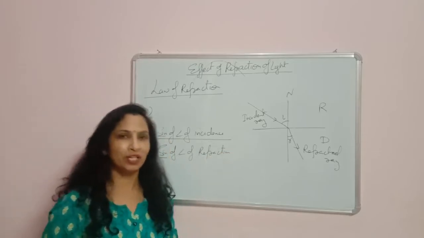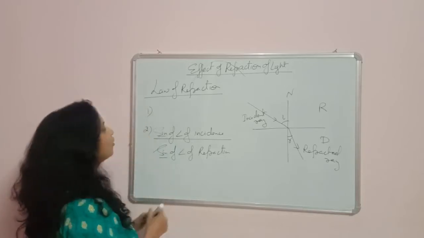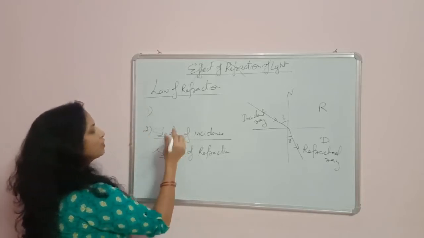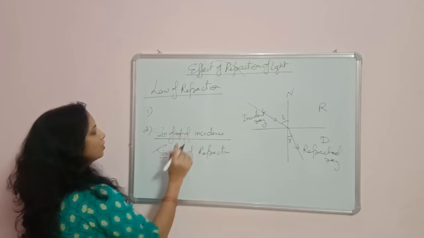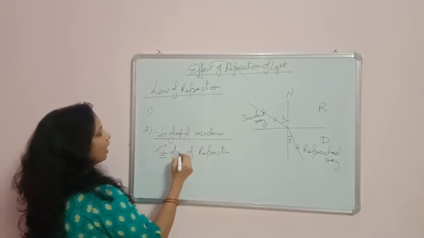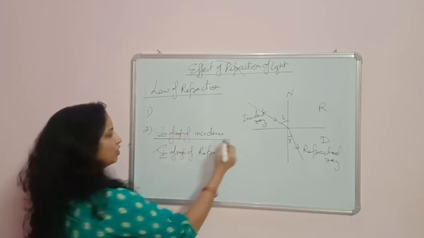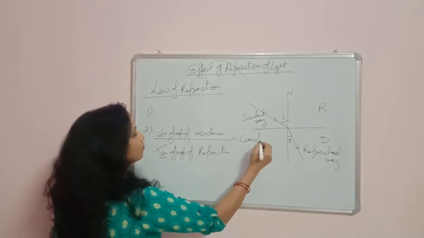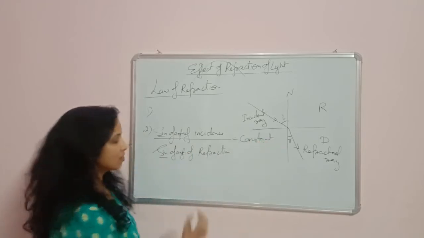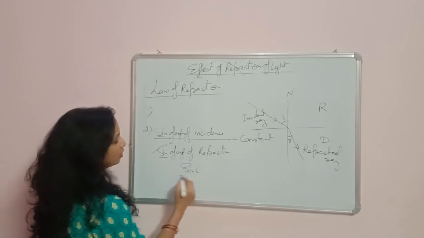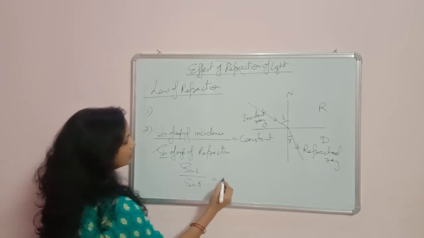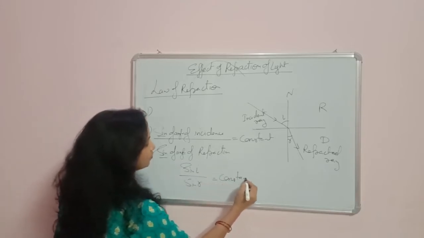We will study about it in mathematics. In place of the sine you can write angle. The sine of angle of incidence upon the sine of angle of refraction is equal to a constant. It means sine i upon sine r is equal to a constant.